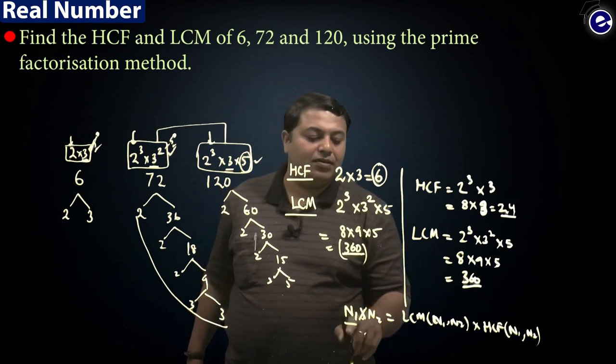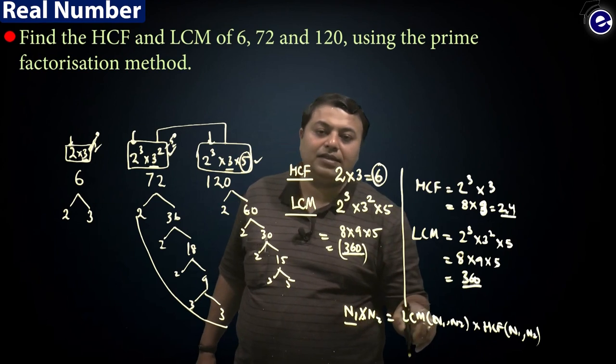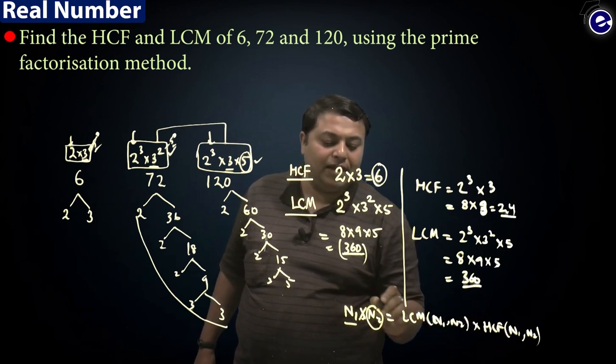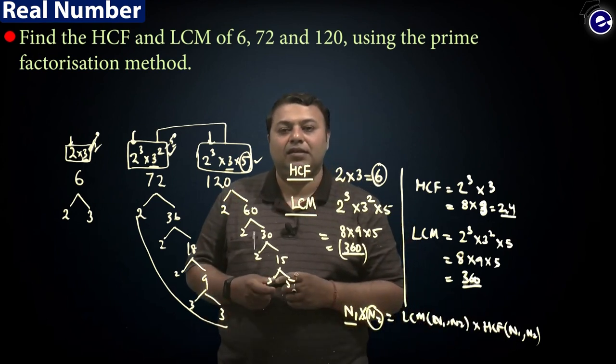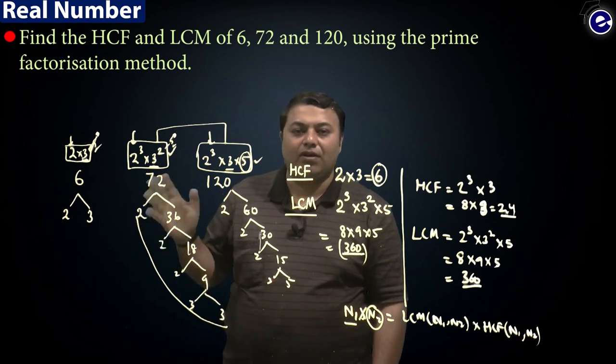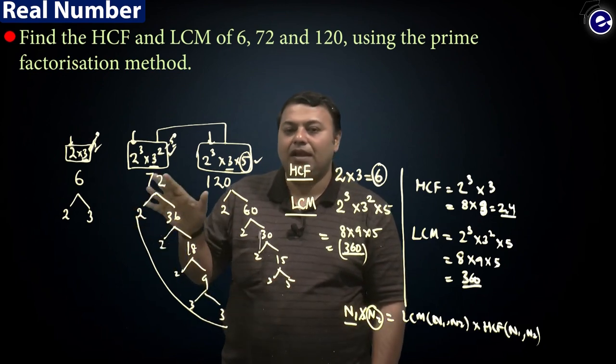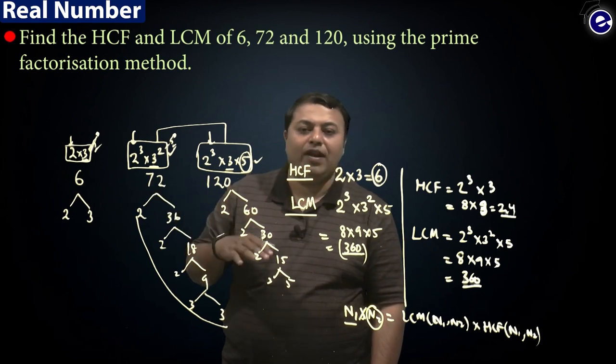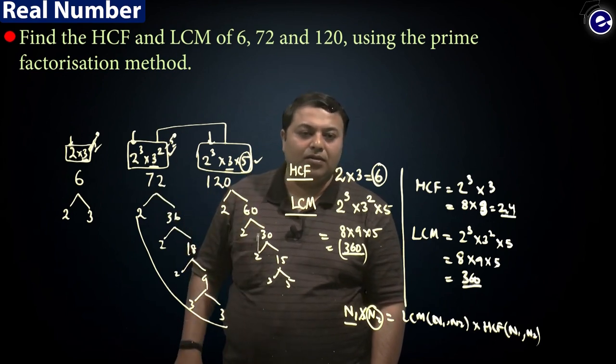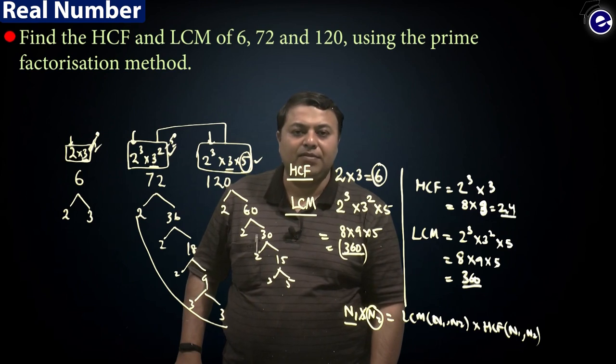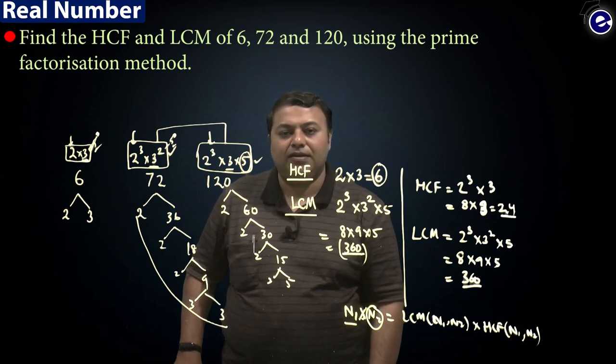For that, 3 values will be given, you insert them and you will get the unknown number. So children, this was all for this question, and I hope you have understood how to find the HCF and LCM using the prime factorization method. Thank you.